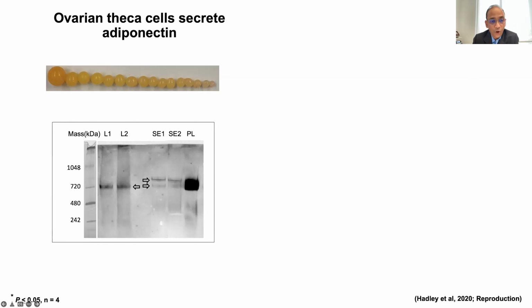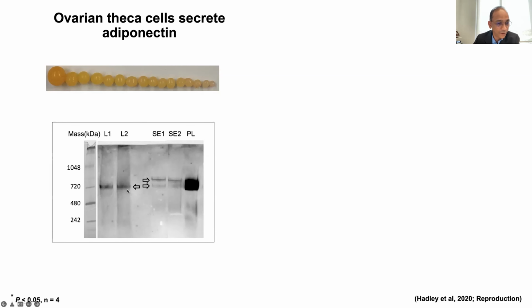Why? I'm going to show you eventually that there is a nexus connection among liver, adipose, and ovary because they feed back all the time, particularly the estradiol made from smaller pre-hierarchical follicles, which communicates with the liver to produce more and more lipid, particularly the lipids needed for yolk development.